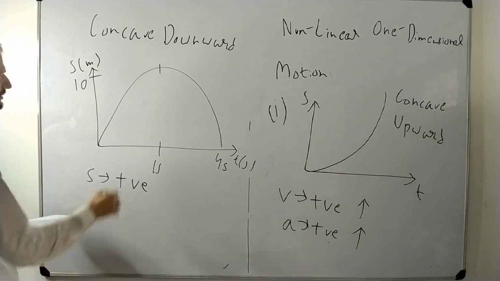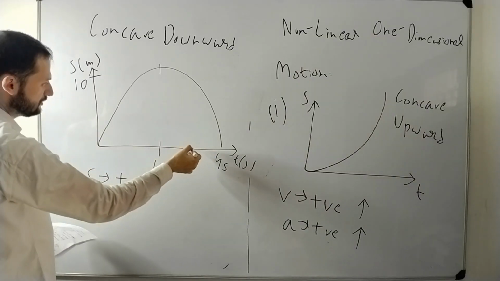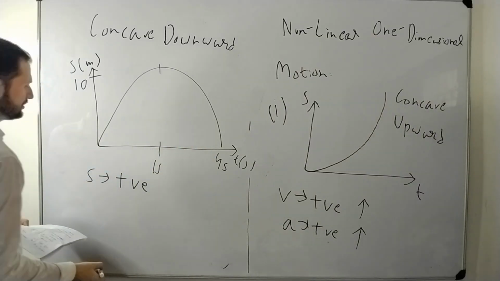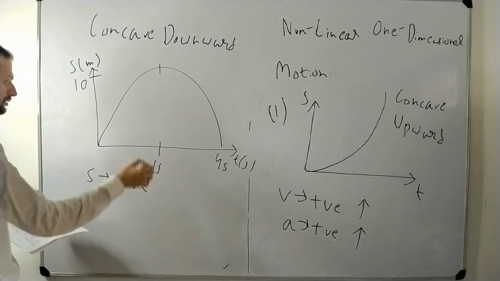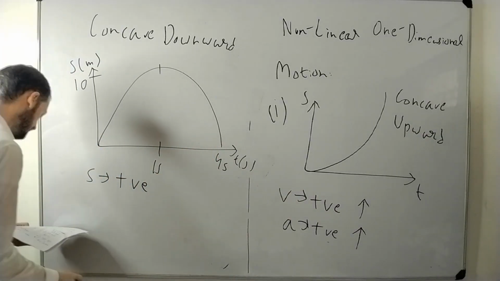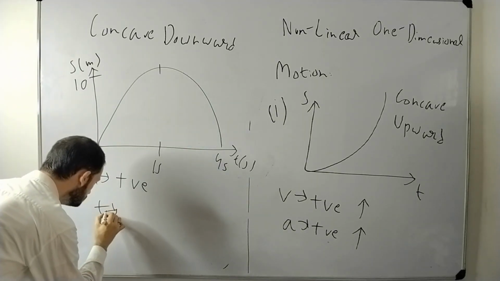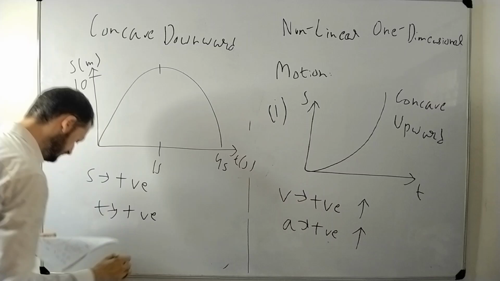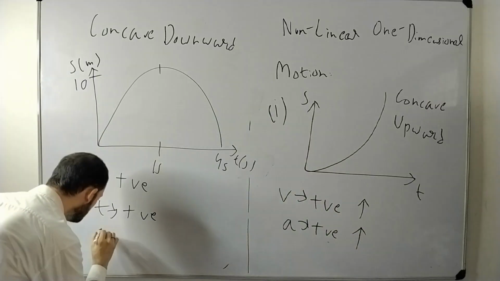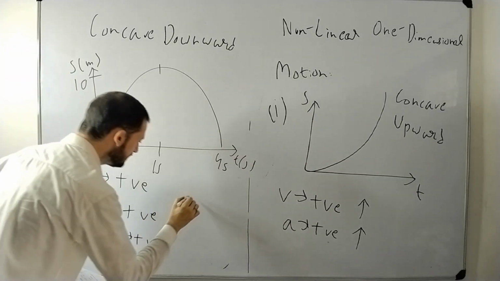How come, sir, positive? Because, students, I have taken the positive y-axis. This whole displacement has happened on the positive y-axis. Though the starting value is 0, the displacement is positive. T is a positive value, and velocity is also positive. So what is negative, sir?